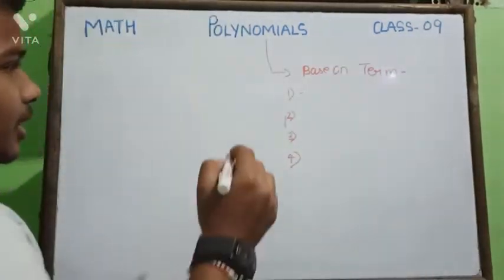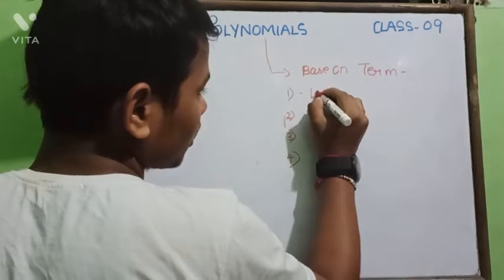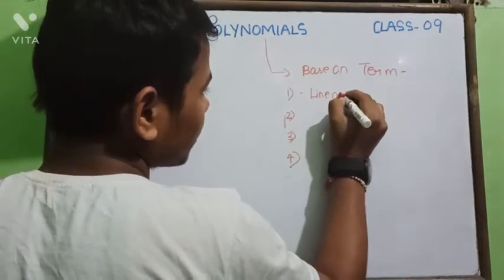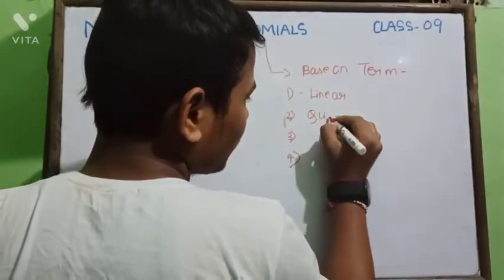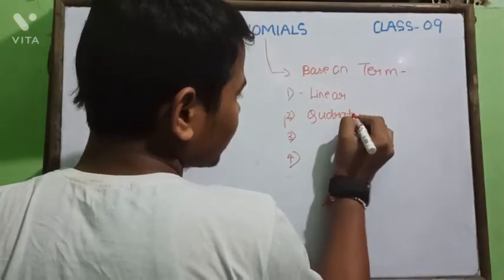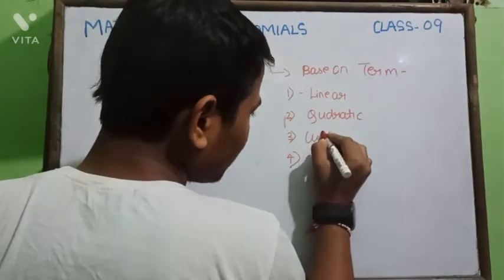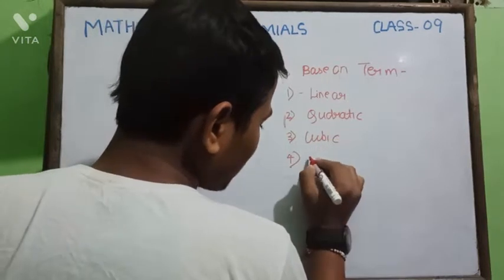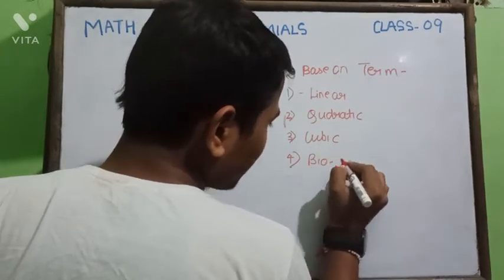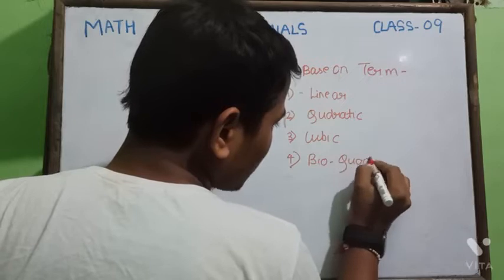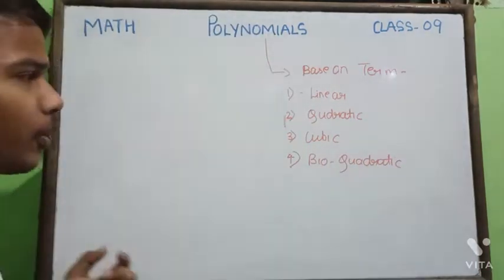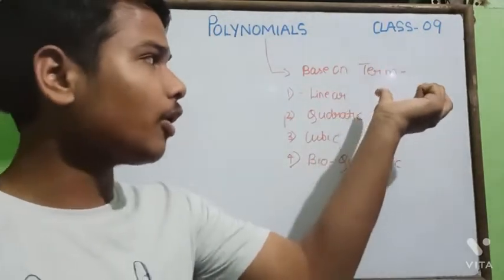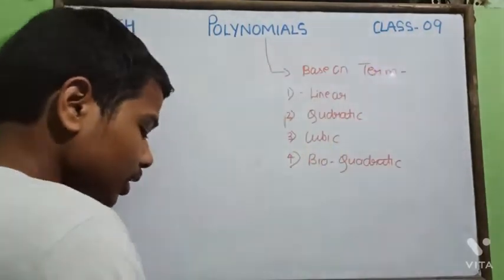That was the linear polynomial. Second was the quadratic polynomial, third was the cubic polynomial, and the fourth was the biquadratic polynomial. So these are the four types of polynomials based on term, not degree.